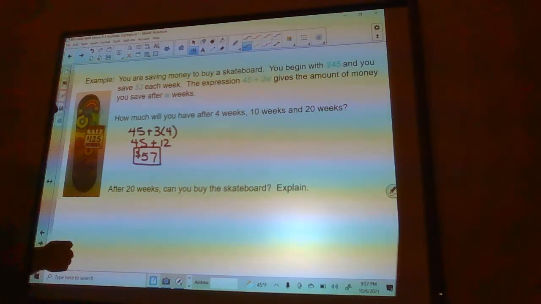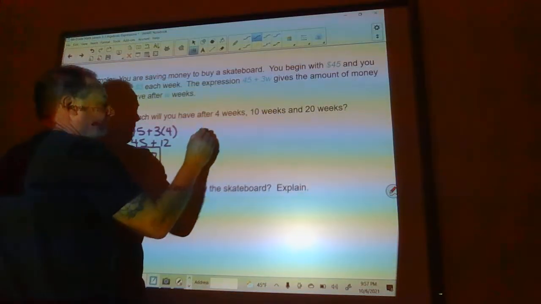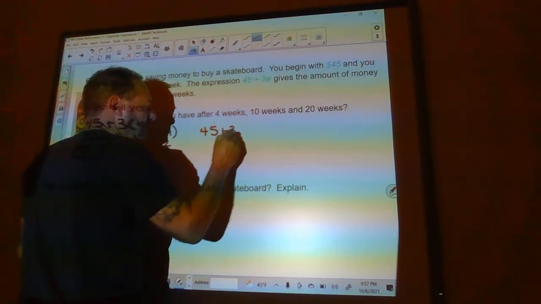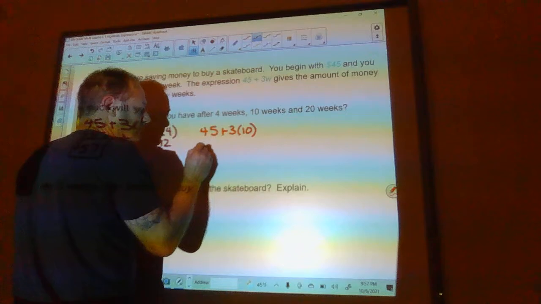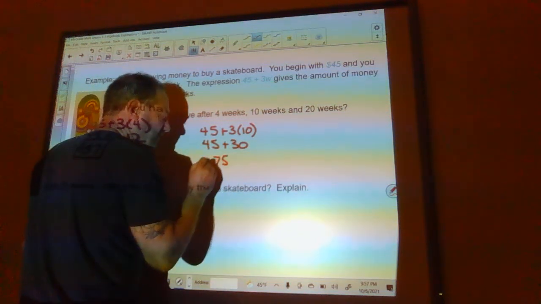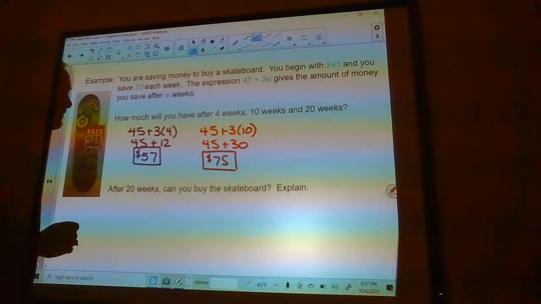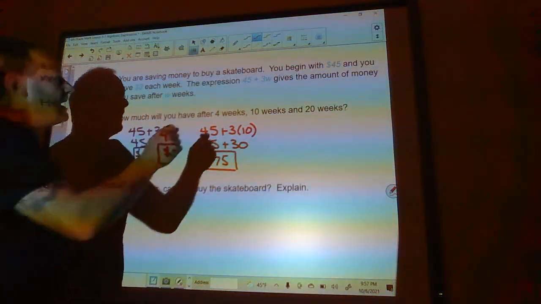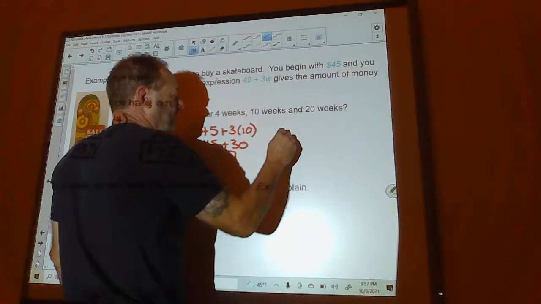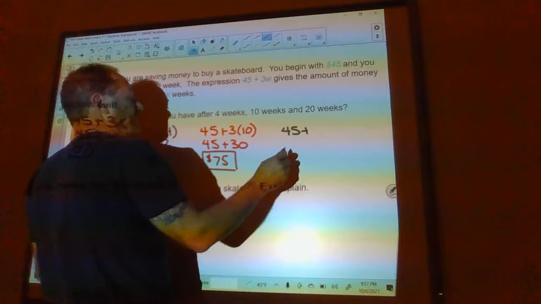Now, after 10 weeks, you'd have 45 plus 3 times 10, which would be 45 plus 30, which would be $75. After 20 weeks, you'd have 45 plus 3 times 20.